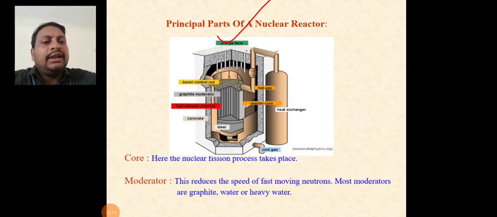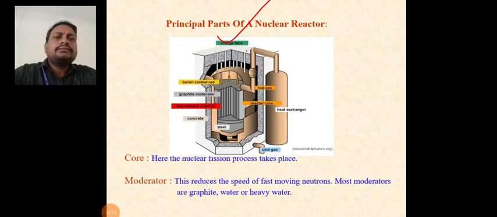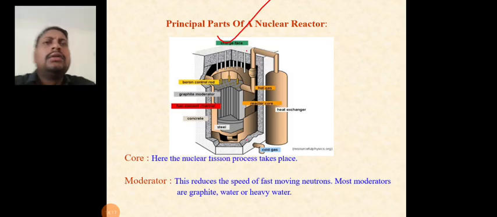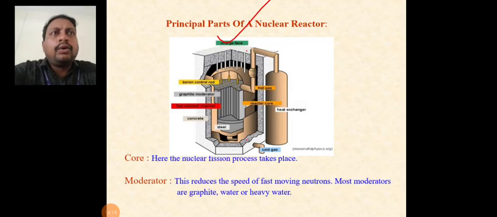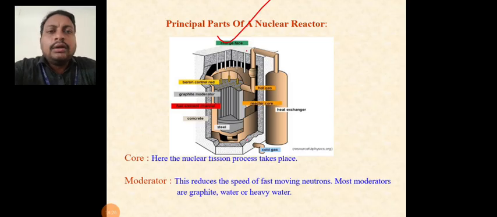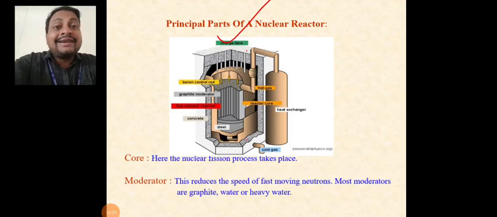The moderator will be reducing the speed of the fast moving neutrons. The material of the moderator is graphite, water or heavy water, whereas the control rod materials are boron, cadmium and hafnium, which absorb the neutrons. So the rate of reaction is controlled by using control rods, whereas the moderator slows down the neutrons.